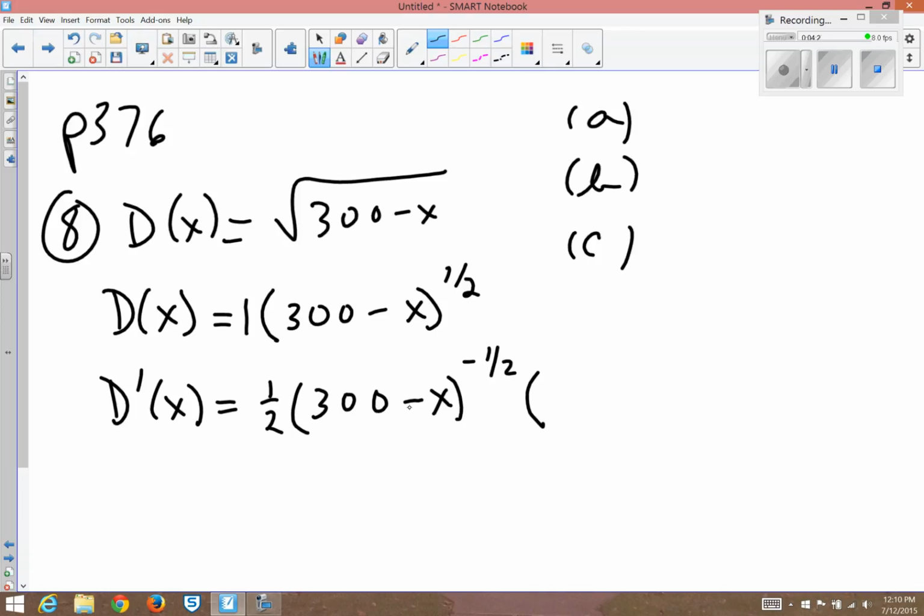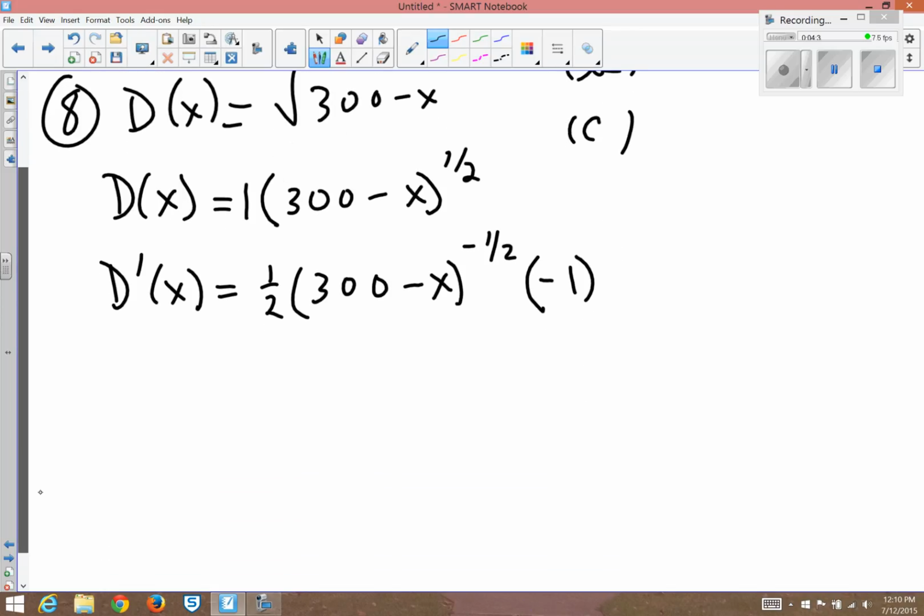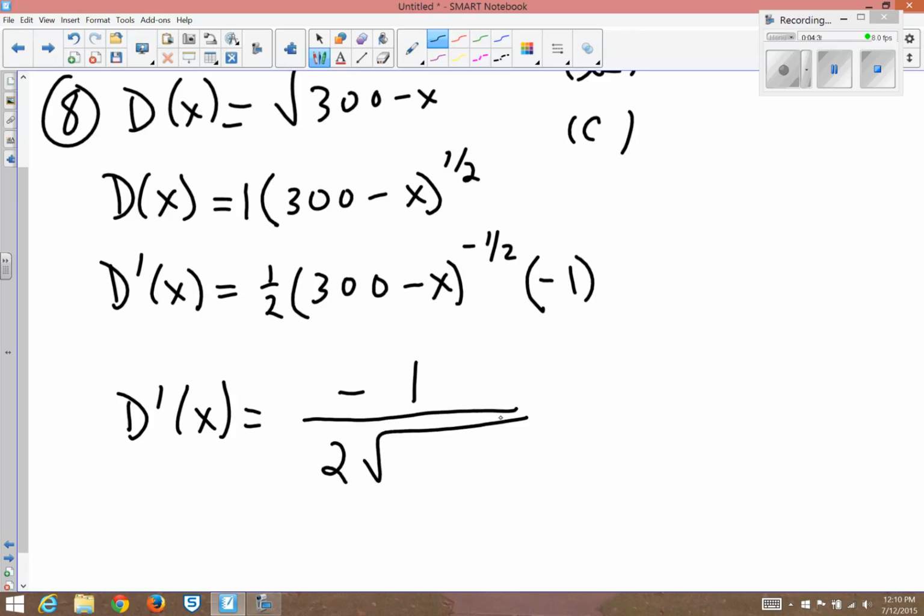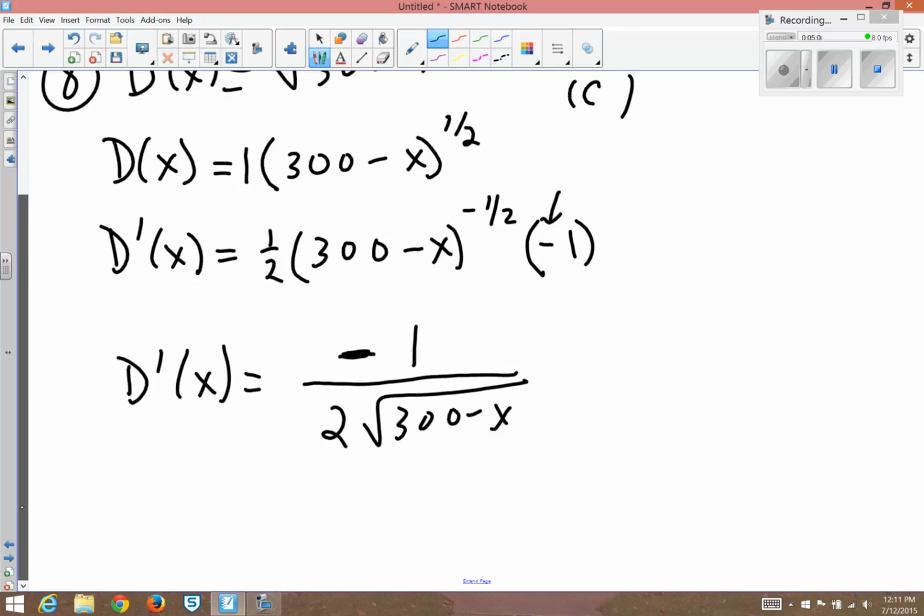The derivative of 300 minus 1x is negative 1. So D prime of x is negative 1 over 2 radical 300 minus x. The negative is there, the 1/2 is there, and we make the exponent positive by putting 300 minus x to the 1/2 in the denominator.